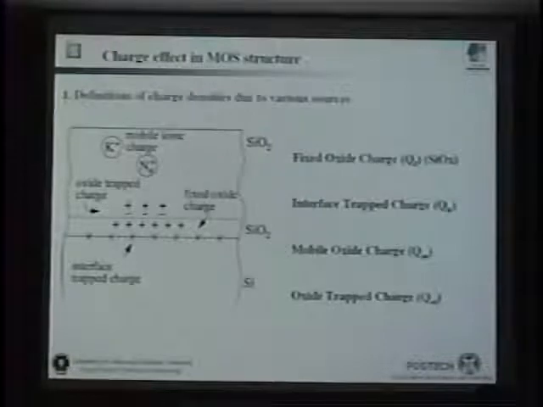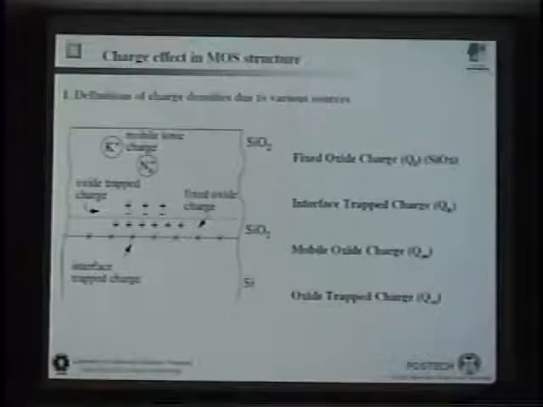And also we can have some mobile charges, for example, alkaline metals like sodium or potassium, which is really bad for transistor performance. And another thing is oxide trap charge. It's like electrons or ions trapped in the oxide film. So there are many charges and defects, and we already understand those effects on the device.